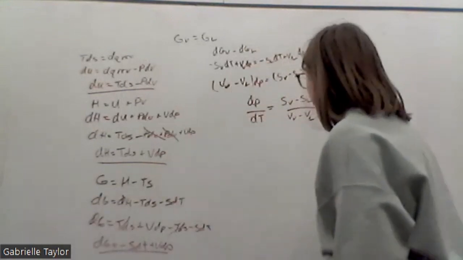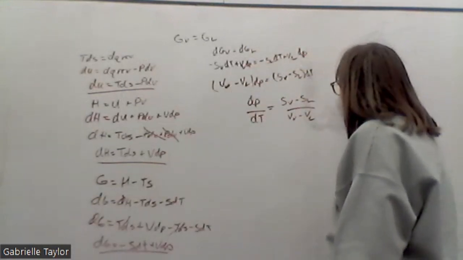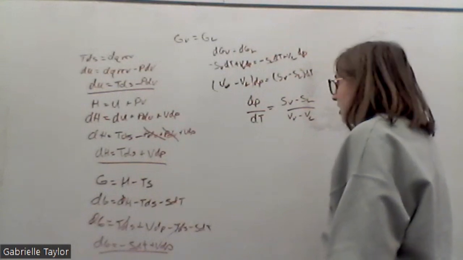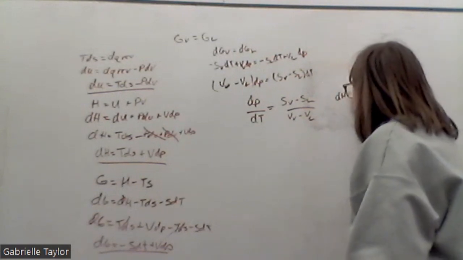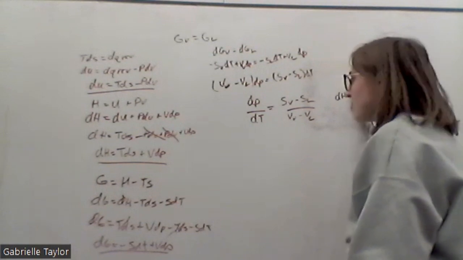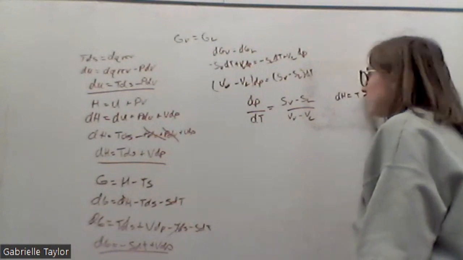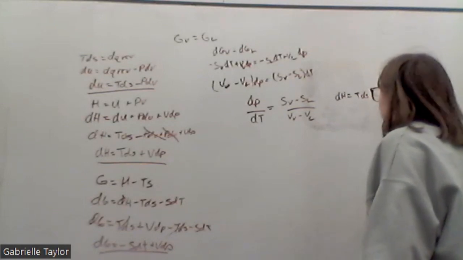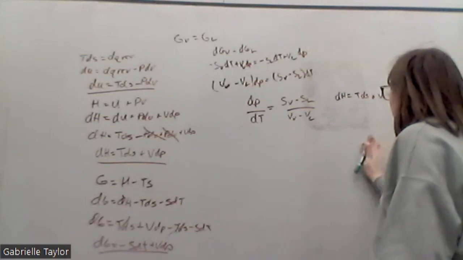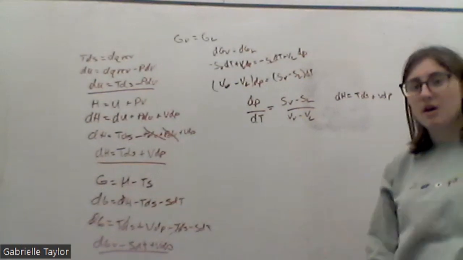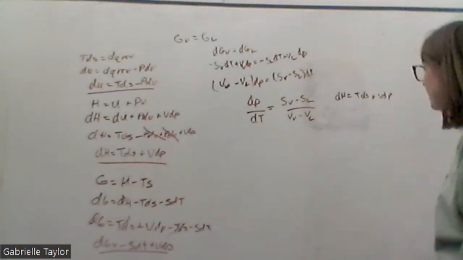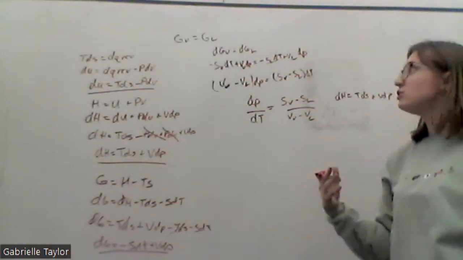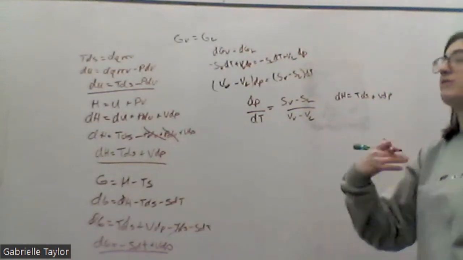Okay, so now that we have this, we know that the differential amount of change of our enthalpy equals TdS plus VdP, right? And we know that it's going to be at equilibrium, so we are going from a liquid to a vapor phase.